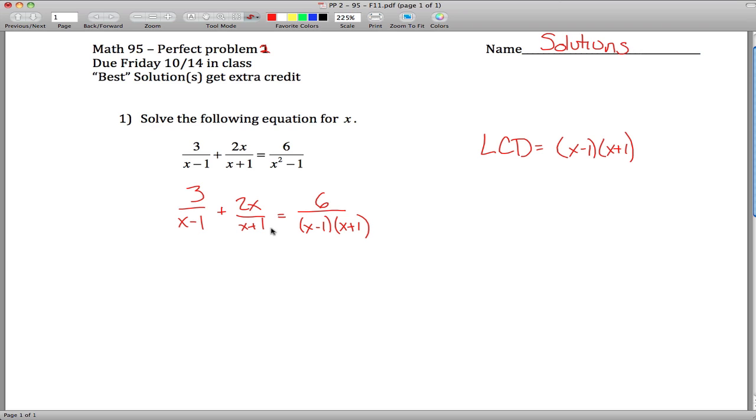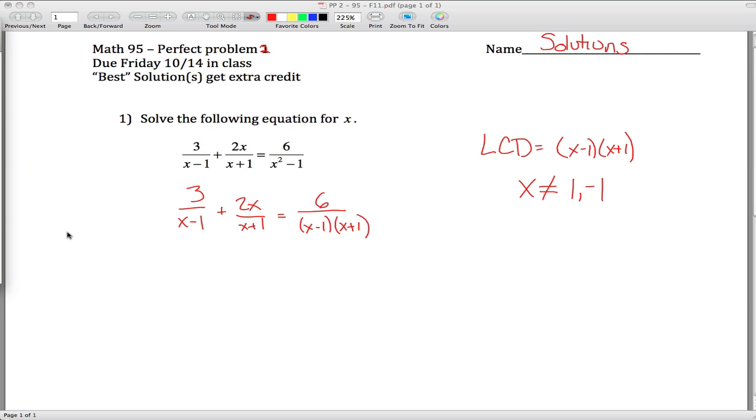Right, x minus 1 here, x plus 1 here, and both of them over here. So what that tells us is that x cannot be 1 or negative 1 if we figure out what will make those be equal to 0. So good to write this over on the side just in case when we solve this whole thing out we get one of these solutions, because we want to make sure we don't claim one of these are the solution.